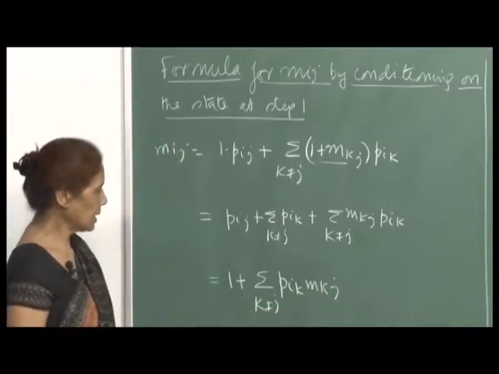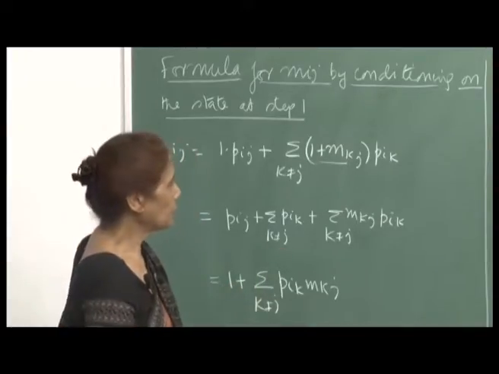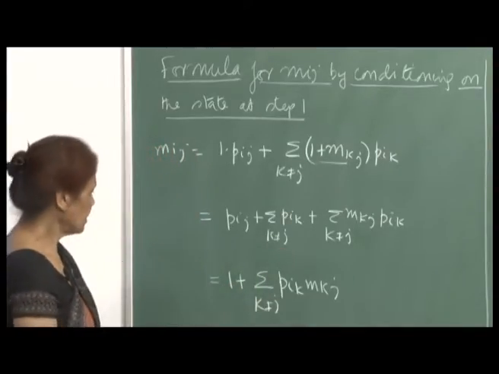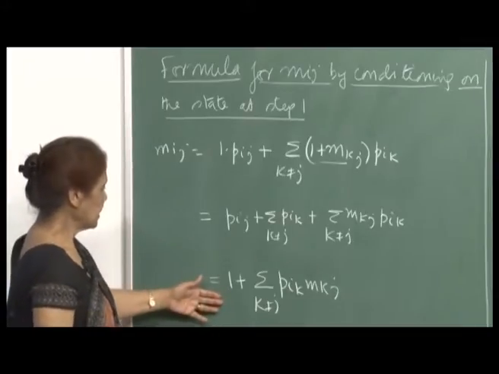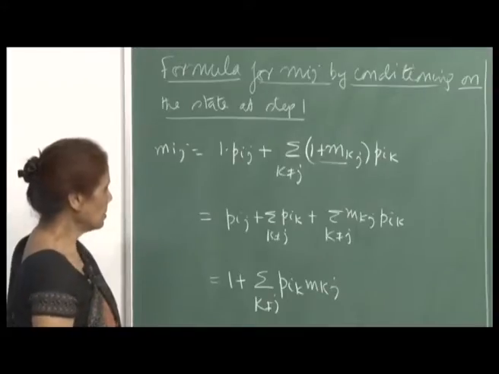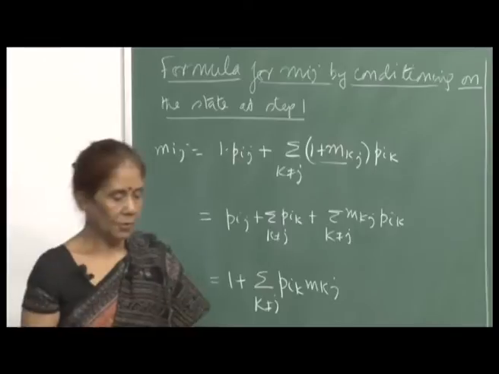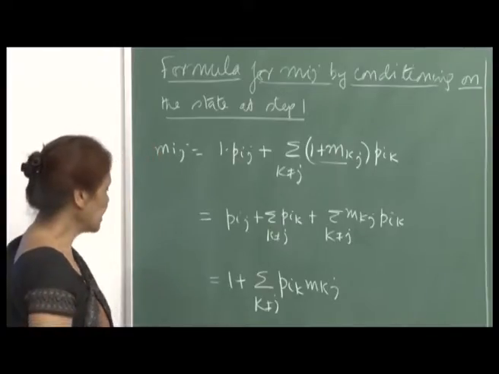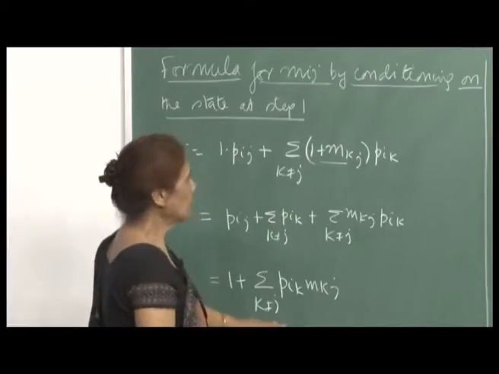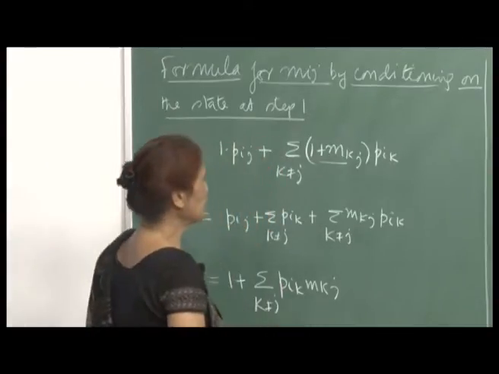So, as with the way we computed the formula for Fijn, this is a simple way of computing your Mij without requiring the whole distribution of the first passage probabilities Fijn. So, these are n equations in n unknowns.